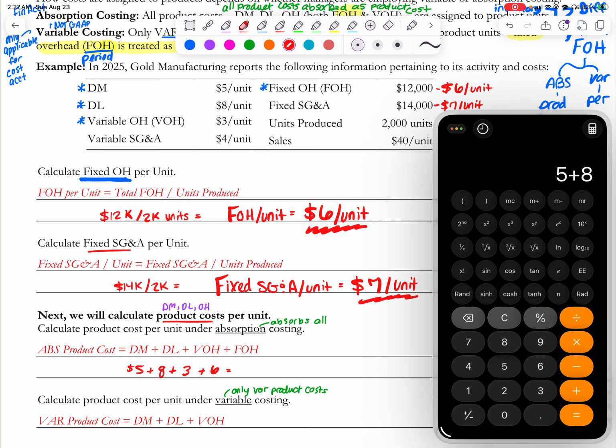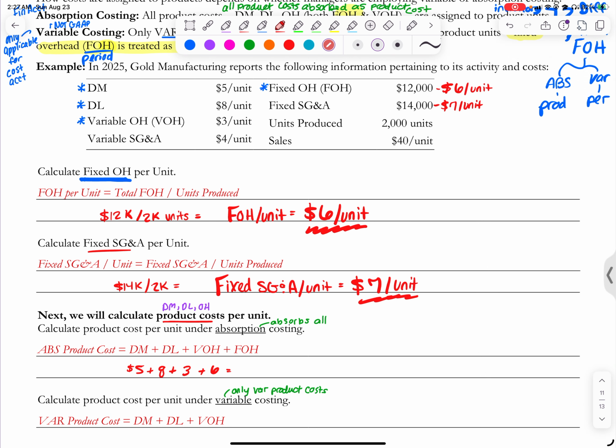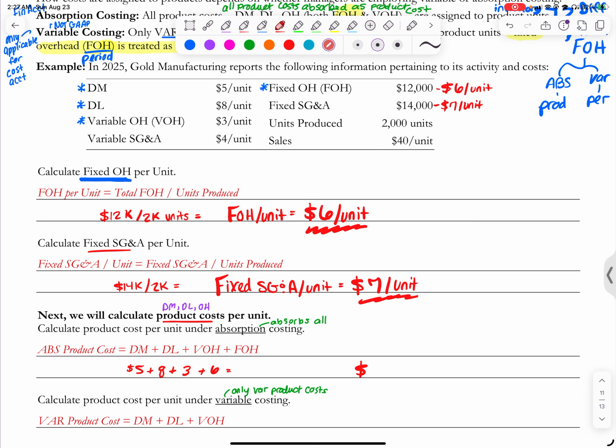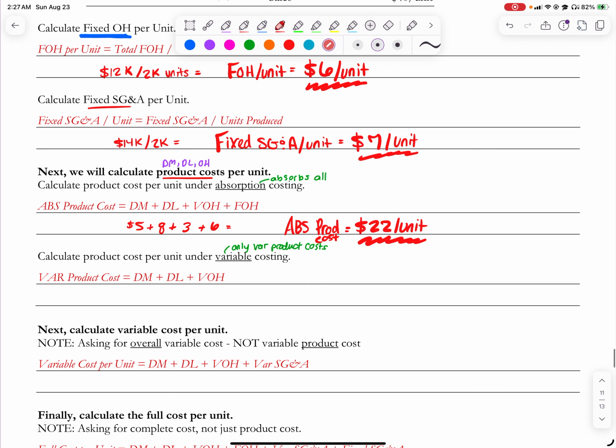5 plus 8 plus 3 plus 6 is $22 per unit for absorption.